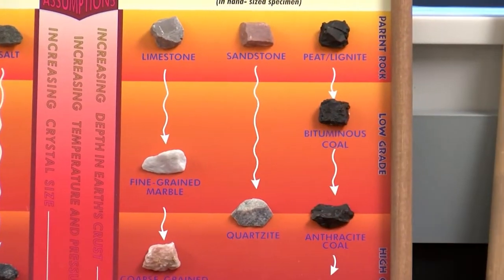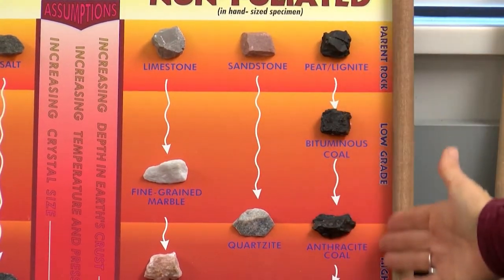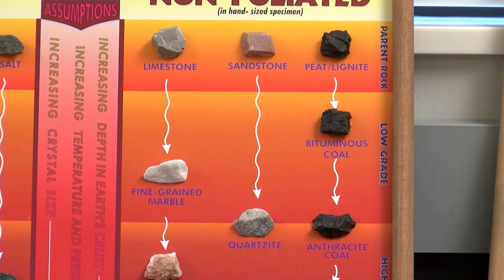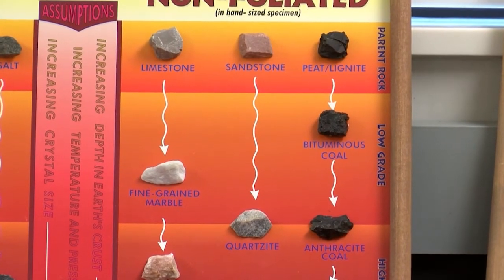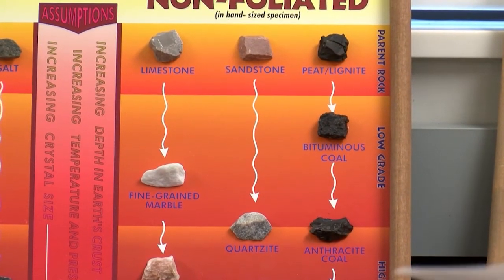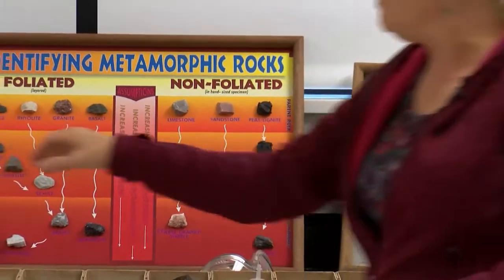Sandstone to quartzite. And different types of coal being metamorphosed into other types. Something that is under lots of heat and pressure, we get a more dense result, and we often get this foliation.